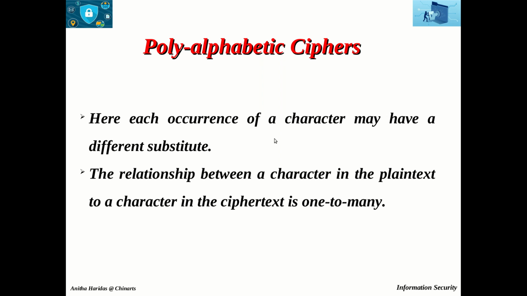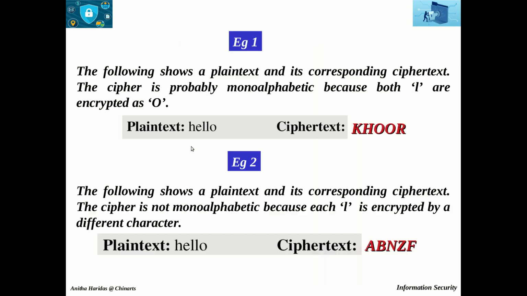Here, each occurrence of a character may have different substitution. We have already seen an example of hello, in which if it is polyalphabetic cipher, the letter L will be substituted with different characters each time, whereas in the monoalphabetic, L will be replaced by the same character for all the L's that are available in the plain text.